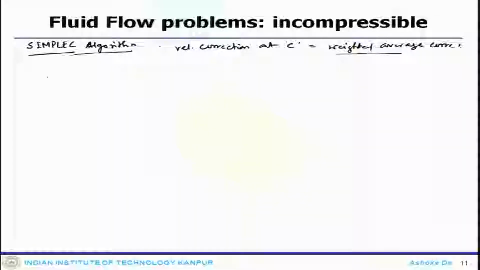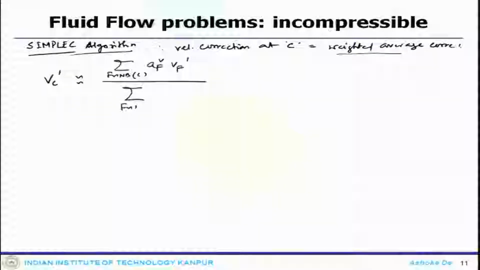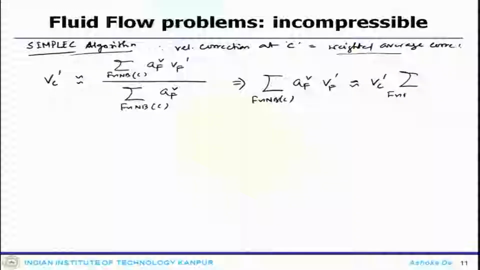So, the mathematics becomes V_C prime, which was calculated as the summation over all the cells of a_F V_F prime over F in NB(C), a_F, which will be V_C prime summation over F in NB(C) of a_F.